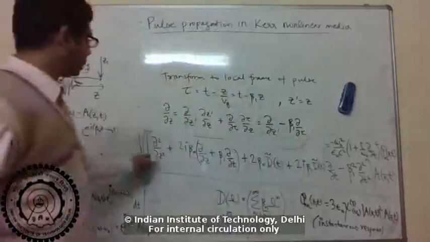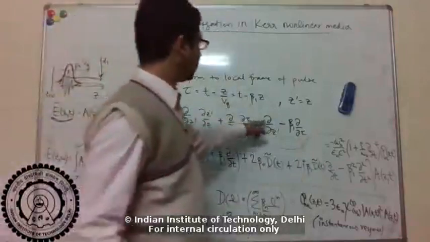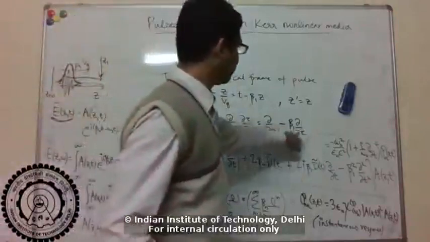Right, so del by del z, which was my original variable, in terms of the new variables, is del by del z prime minus beta 1 del by del tau.